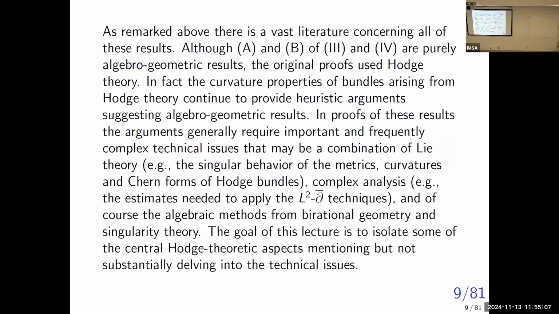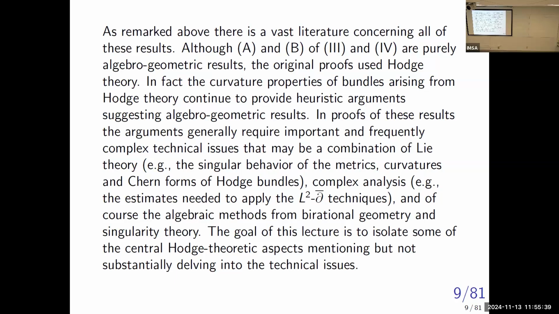So there's a vast literature on all of these topics. Although the formulation of these is purely algebraic geometric, the original proofs used Hodge theory, and in fact the curvature properties of the bundles that arise from Hodge theory provide heuristic arguments.